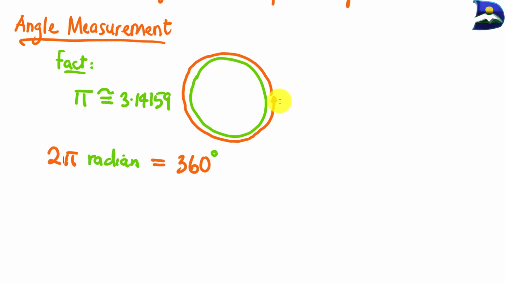And this here, remember, when we divide by 2, what happens in this case? Divide by 2 on both sides, we come up with another interesting observation in terms of what is 1 radian. And once you know this, you should be able to relate it to the circle. 1 radian is equal to what? 180 over pi. The reason why is pi, because we are actually dividing both sides by pi.